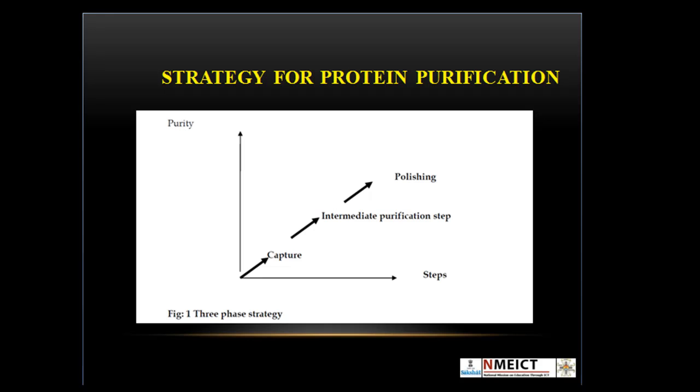The intermediate purification phase removes large impurities like other biomolecules, other proteins, and viruses. The polishing phase removes the trace impurities and achieves a high level of purity. It is very important to select a suitable combination of chromatographic techniques for the capture, intermediate, and polishing phases.